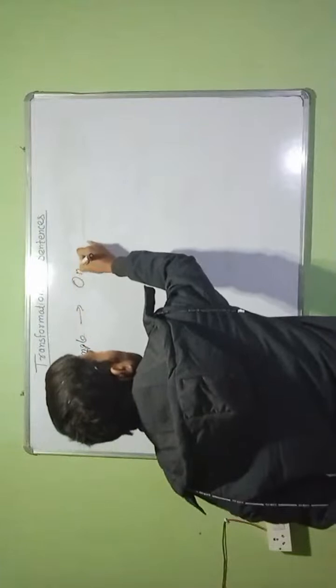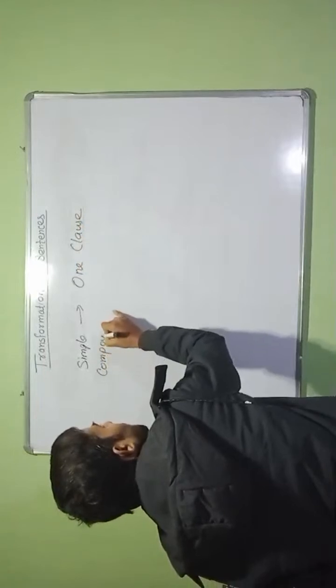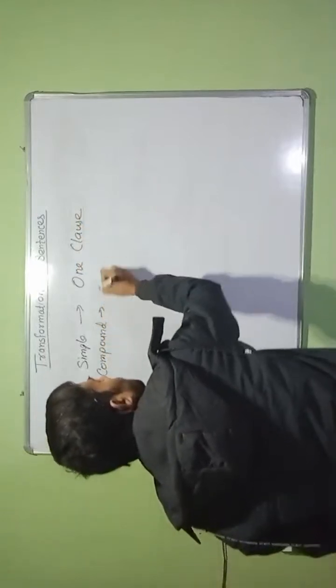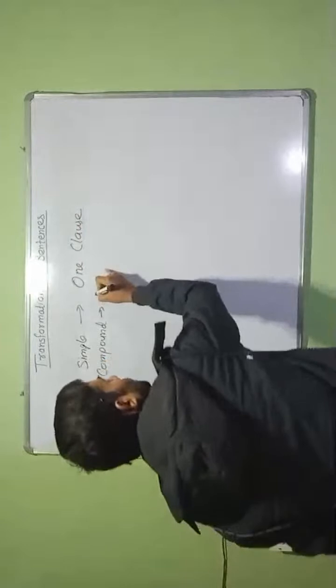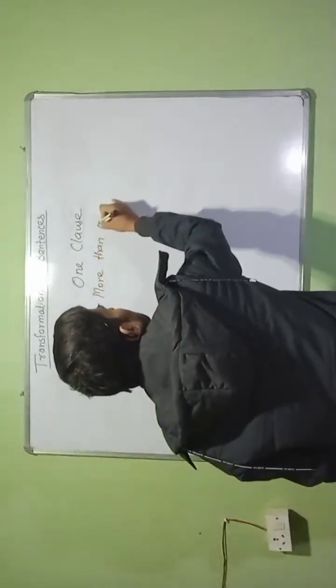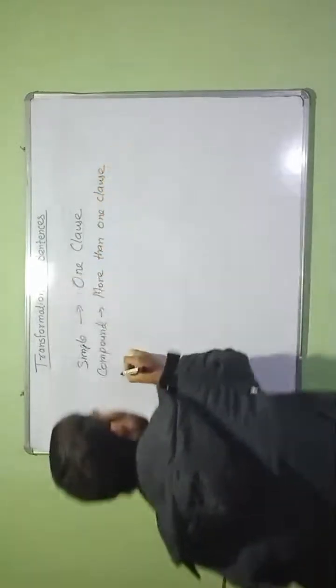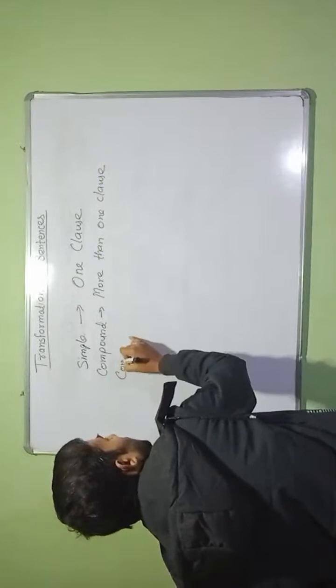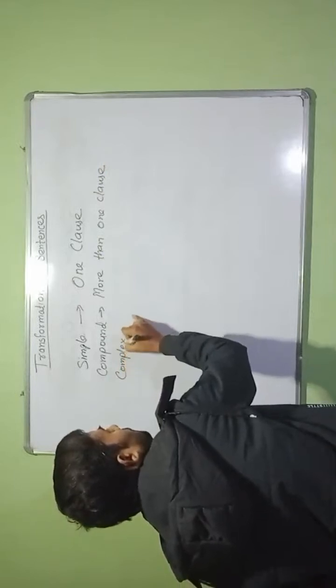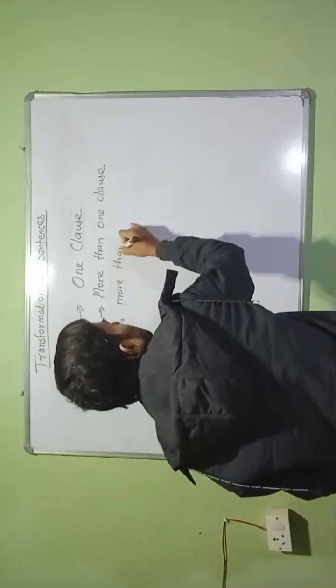A compound sentence will have more than one clause, right? More than one clause. And a complex sentence, like compound, both of them have more than one clause.